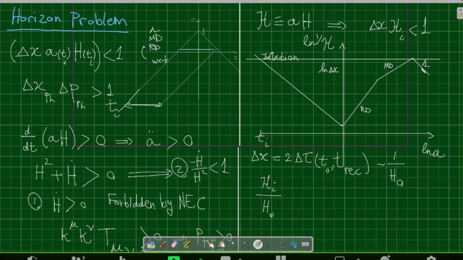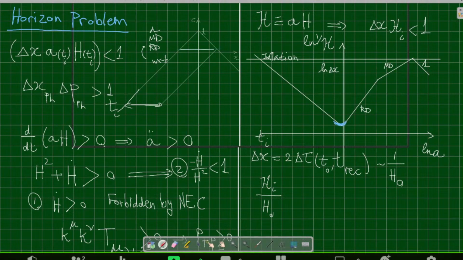Okay, so this allows us to compute the duration of inflation. It cannot be too short. It has to last long enough so that it solves the problem. But you can also see from this plot that how long it should last depends on the scale factor at which we have the transition between inflation and radiation dominance.